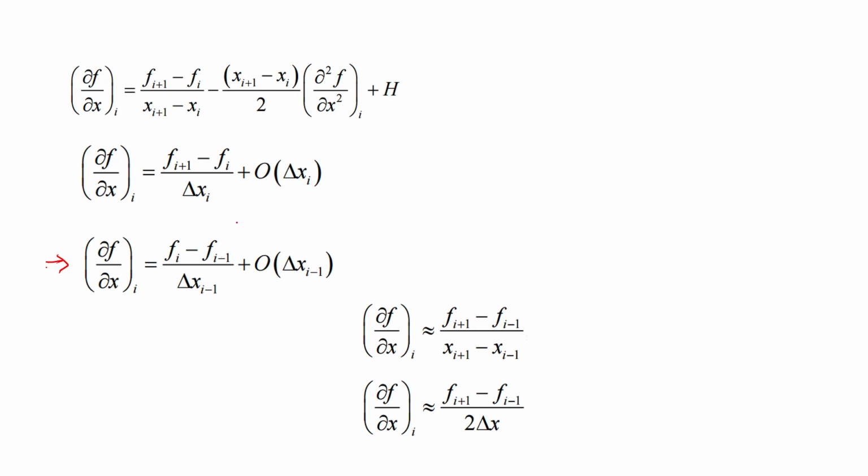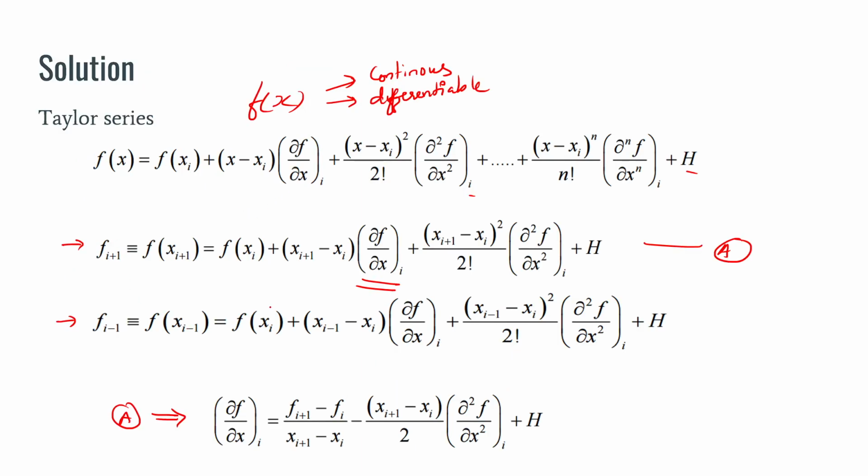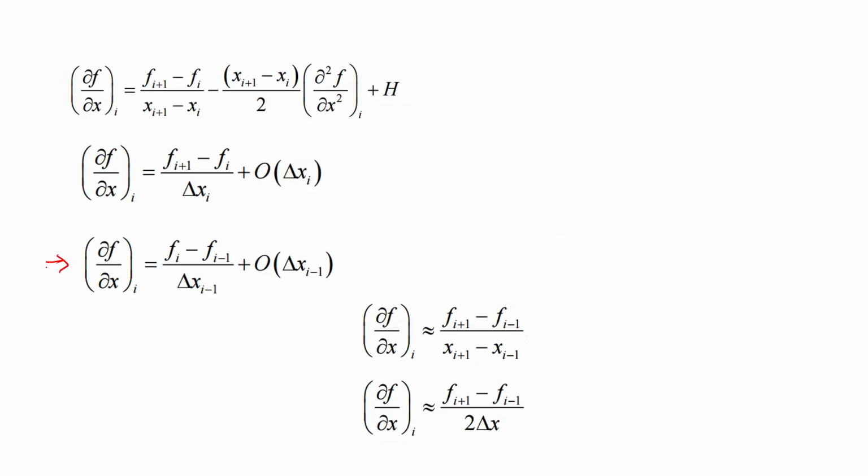This delta x i minus 1 is what we have seen here, this term x of i minus 1 minus x of i. These will be the two equations from the forward differencing and backward differencing. Hence this is called forward difference scheme, and this is backward difference scheme.